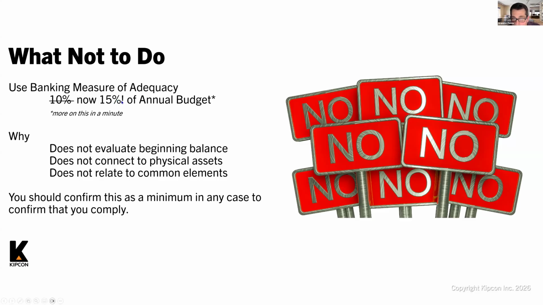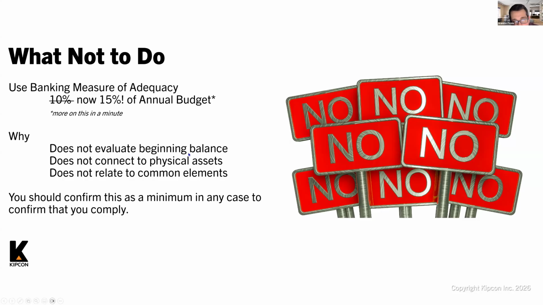You don't need to meet that as long as you have a current reserve study that you're funding towards. So it's either one or the other. And of course, if you don't have a reserve study done, you are not in compliance with the New Jersey legislation. So as I mentioned earlier, there's a lot of moving parts to this. It's new for us, just like it is new for you guys as board members and homeowners and management. So just keep that in mind.